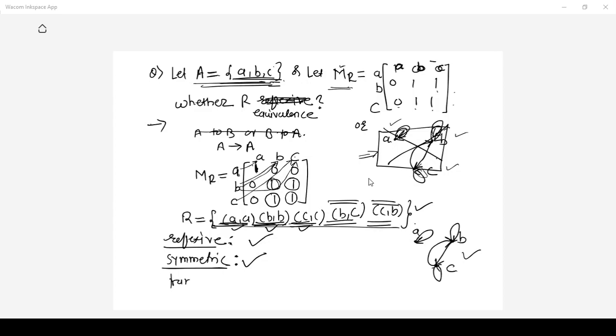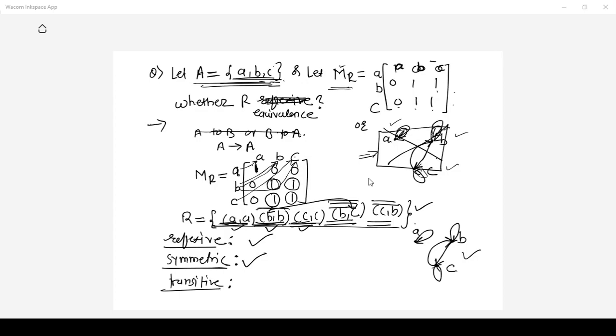Now whether it is transitive. Okay, now check. B comma B and B comma C, then B comma C should be there. It is there, B comma C, right?